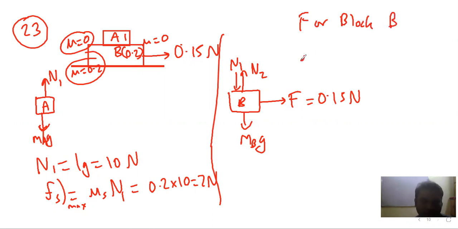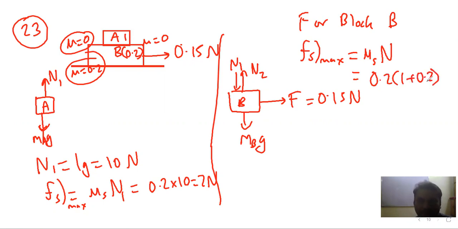first of all, the maximum static friction is mu s into N, which is 0.2 into MA plus MB, which is 1 plus 0.2, into G, which is 10. So on calculation, we get this as the maximum value of friction, 1.2 G Newton.